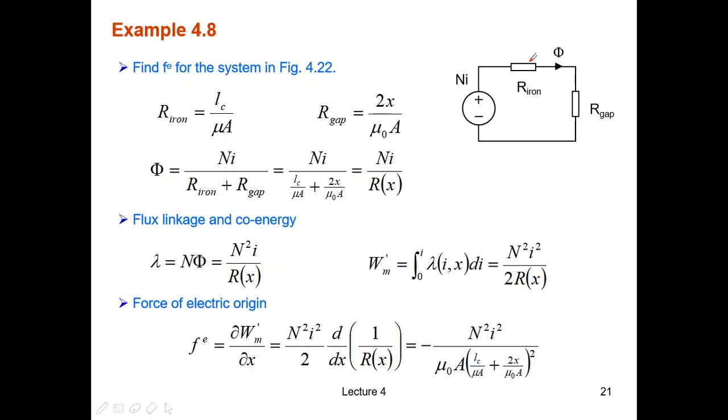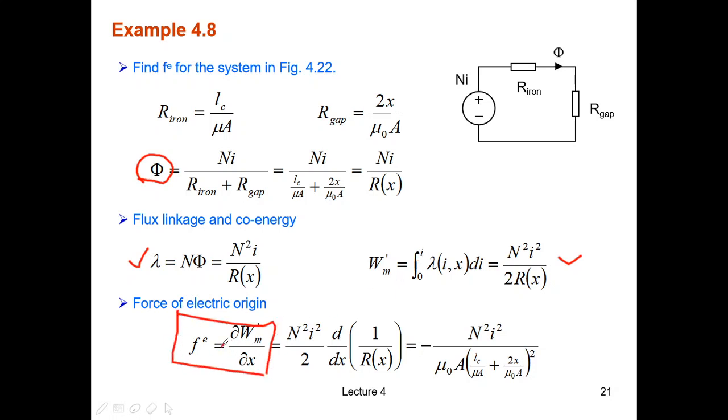We will build the magnetic equivalent circuit, and then we calculate the flux first. After that, remember, we only have one coil, so we only have one flux linkage. After this, we go straight on and calculate the Wm dash here, and then apply this formula.